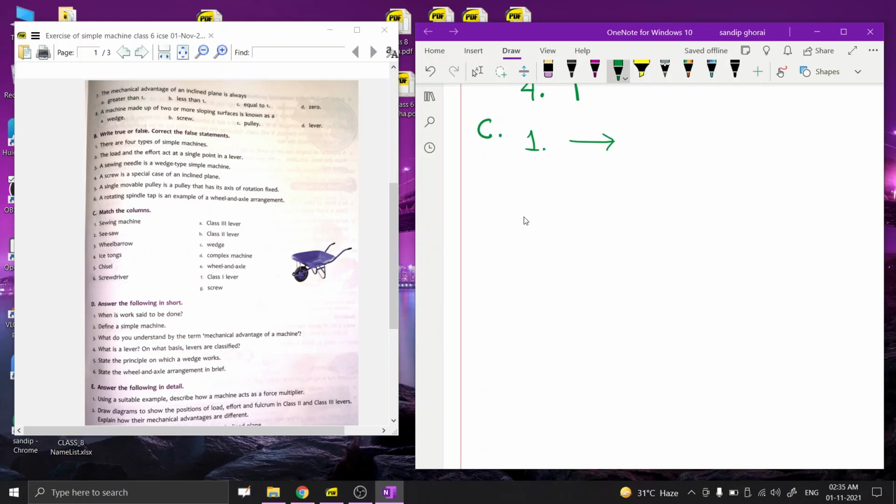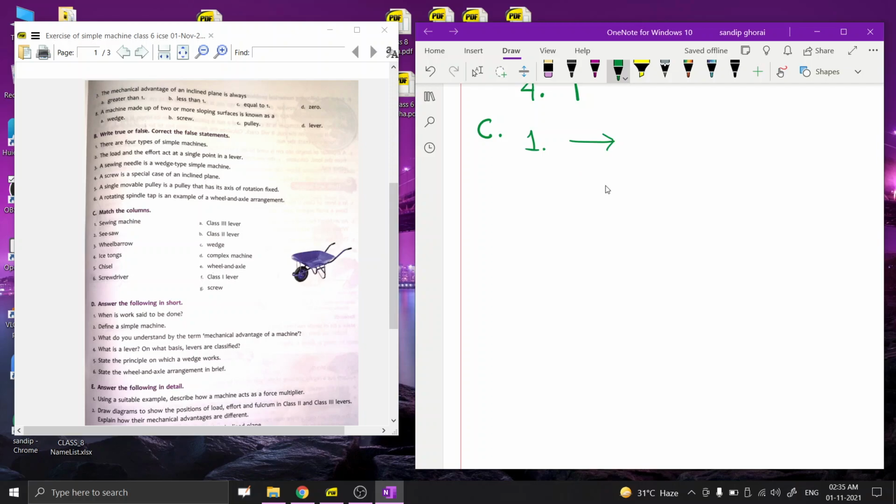What is the definition of a complex machine? In a complex machine there is more than one simple machine. If a machine contains more than one simple machine, then it is an example of a complex machine. That is why a sewing machine has a pulley and also a screw.